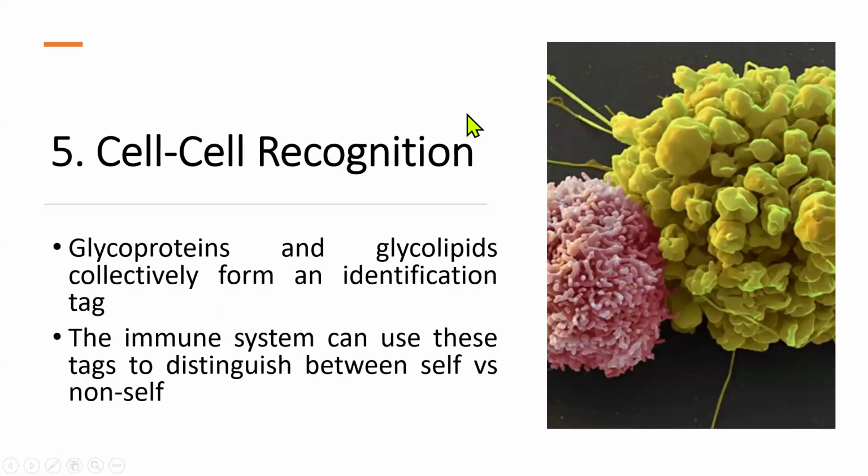Number 5, cell recognition. The sugary proteins, or the glycoproteins and the glycolipids, create a sort of ID tag on the cell. And your immune system is familiar with that ID tag. If it detects something in the body that does not have the same ID tags, they will attack it and destroy it. Okay.